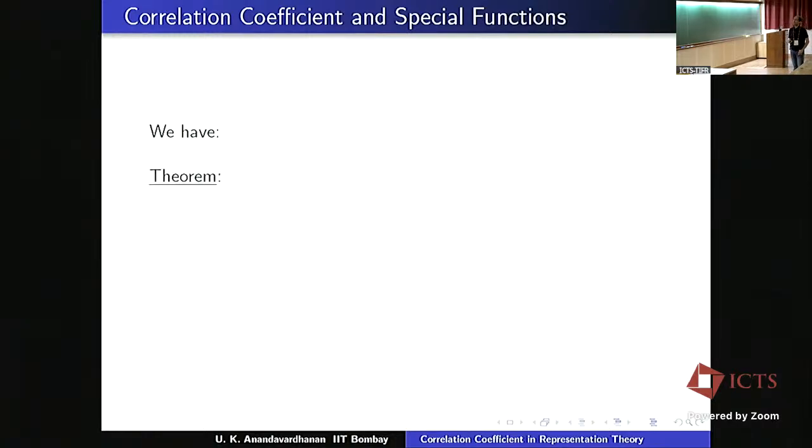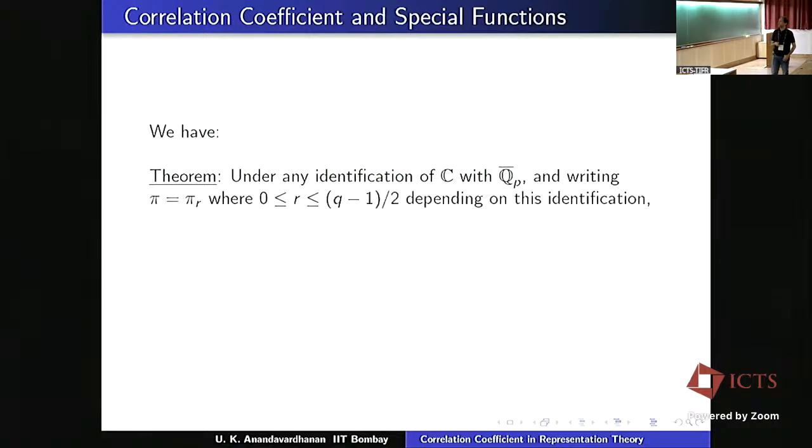We have this theorem. The techniques are the earlier techniques. Under any identification of C with QP bar, and writing pi as pi r, this is our earlier naming convention, that particular r, where r lies between these two bounds depending on this identification, exactly as earlier. We have for this new embedding of K also, it belongs to ZP, exactly like earlier.